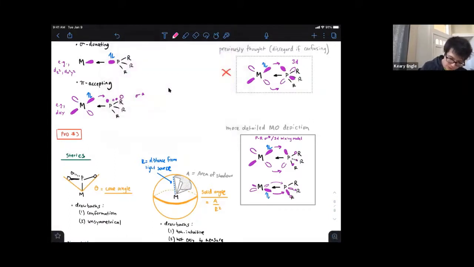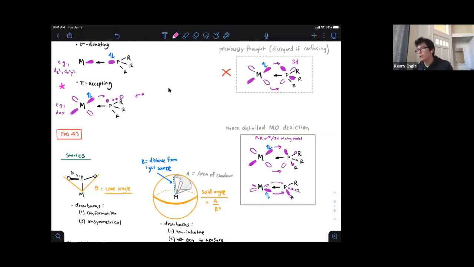For all intents and purposes, this is what you should be thinking in the class. But if you do want one more step in terms of detail, you can take a look at this sigma star 3D mixing model, which in a rough approximation superimposes the sigma star antibonding model with this empty 3D model.